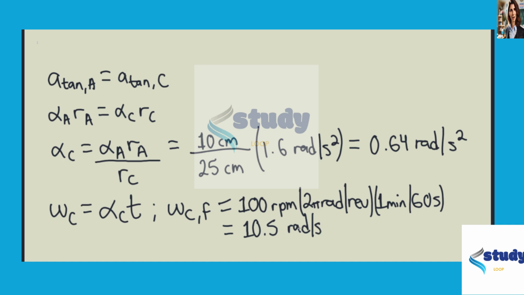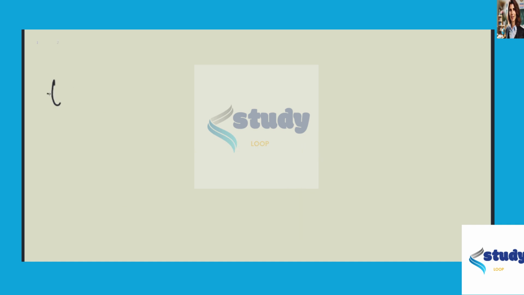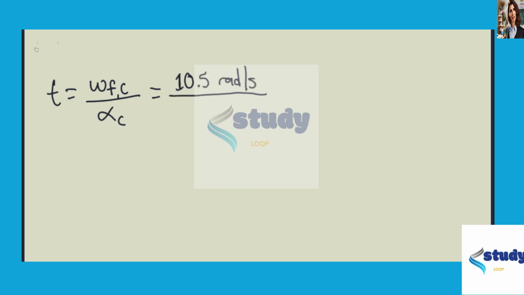And then the time starting from rest would be equal to t equaling omega final C divided by the angular acceleration of C. So again, 10.5 radians per second divided by the angular acceleration of C, which we found to be 0.64 radians per second squared. This is giving us approximately 16 seconds.